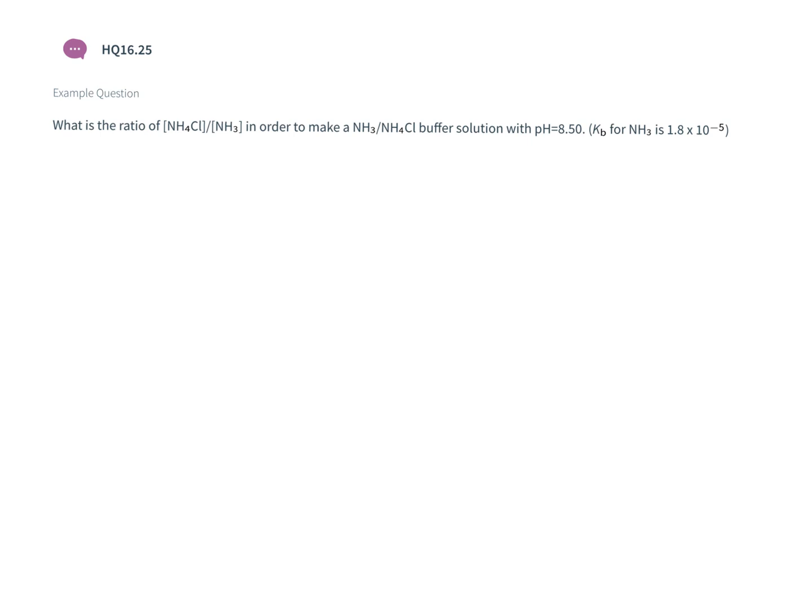One of the challenges already is they've given us this ratio in the opposite of how it would show up in our Henderson-Hasselbalch equation, because they've given us acid over base, when normally pH equals the pKa plus the log of base over acid.